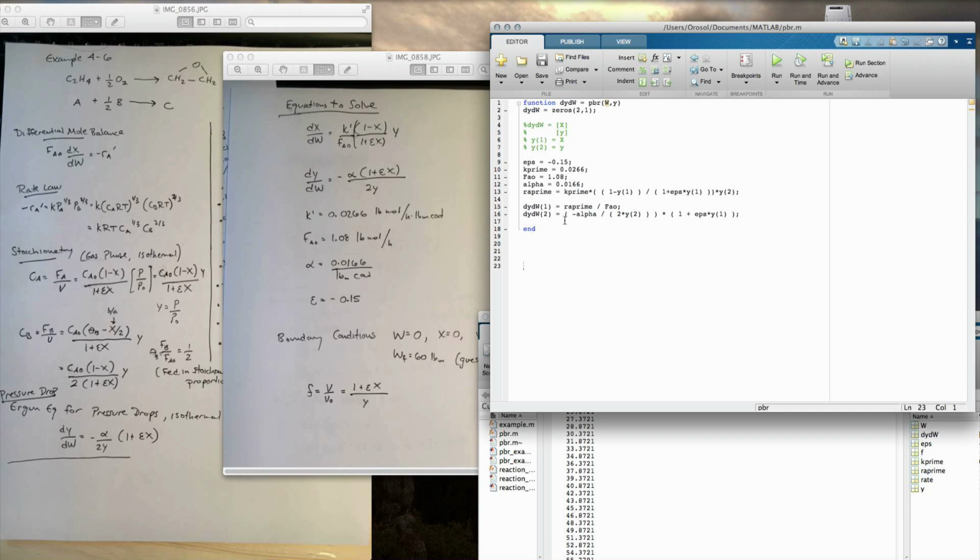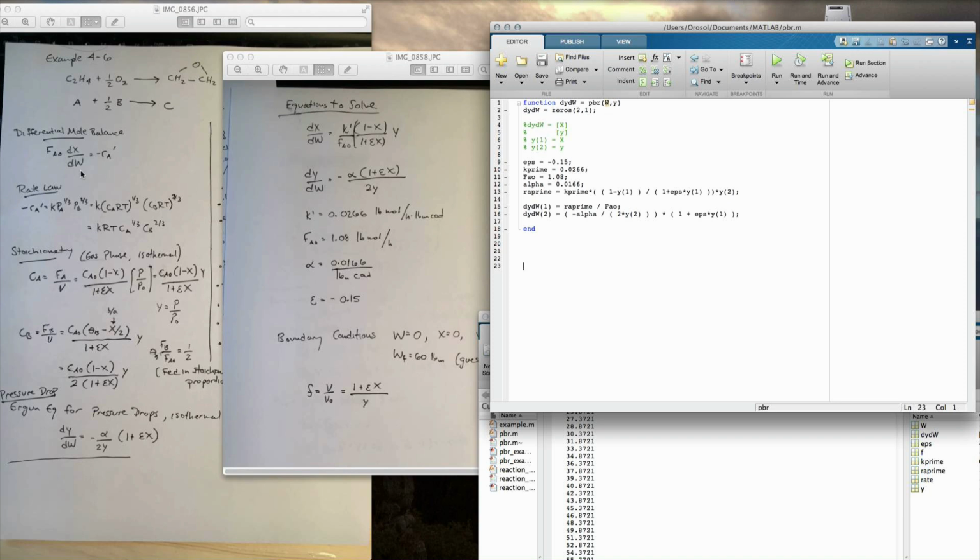And so this is what I was talking about earlier. Once you had these equations, you were pretty much set as far as starting to program this. The way I put this in is I have my first equation, dx dw, but since I can only have the one variable, I just call it y, and so then that's just this equation.